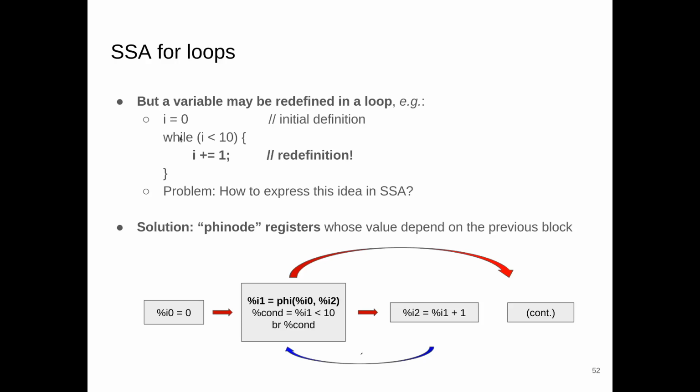You can see that in this C program, i is redefined. It is initially defined here, but redefined inside the loop body. Now the problem is how to express this idea, which is very widely used and perfectly valid code in C, that the value of i is changed inside this loop. How to express this idea in SSA?